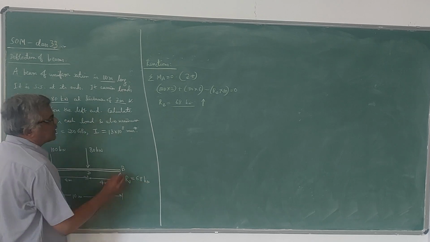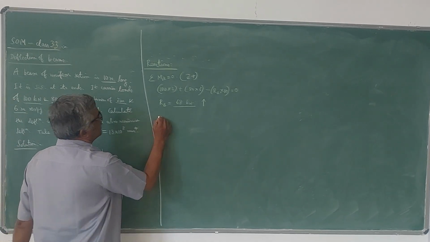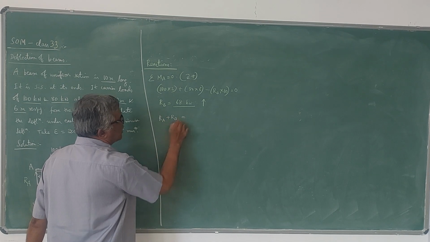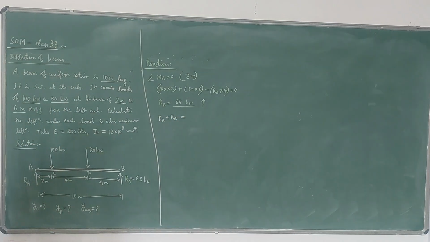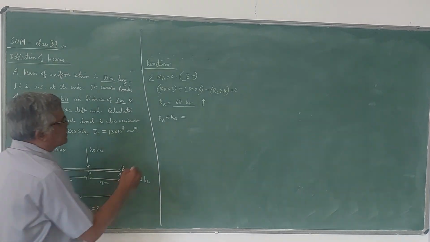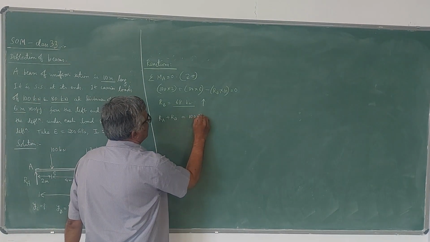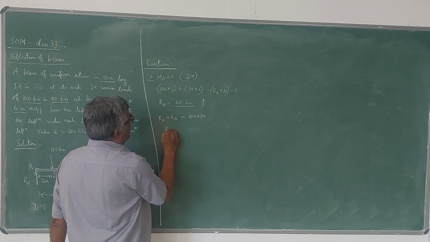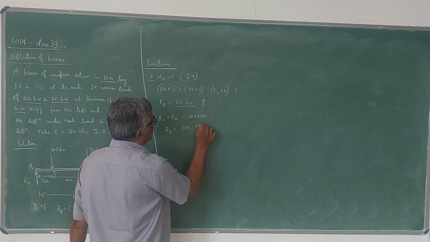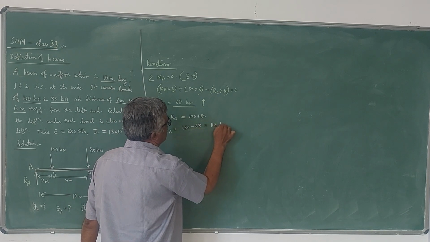Then RA can be found by using the other equilibrium equation, sigma Fy is equal to 0, or sum of downward forces is equal to sum of upward forces. RA plus RB should be equal to 100 plus 80. So therefore, RA will be equal to 180 minus RB, that is 68, which is 112.